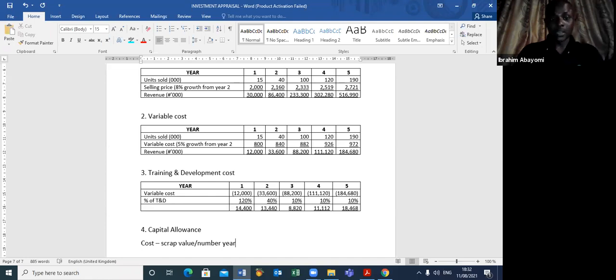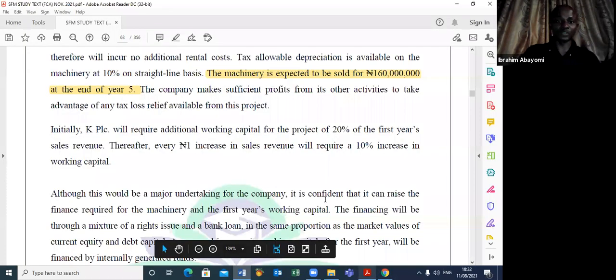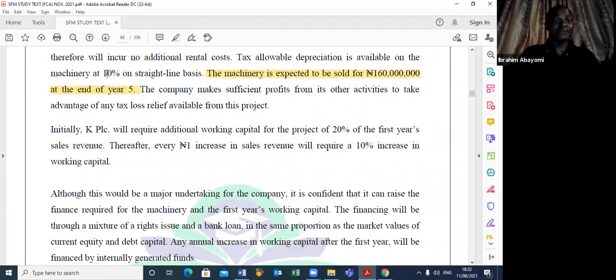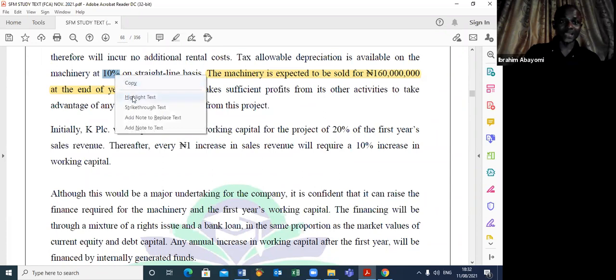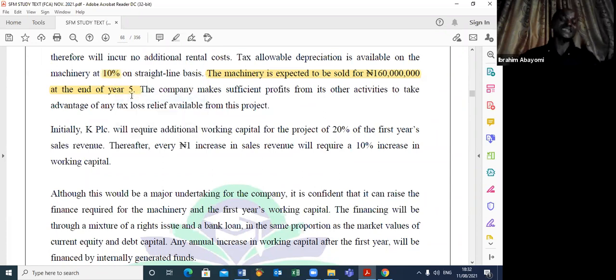Abby? Now, you only do this if you want to compute your capital allowance based on number of years, straight line. But the moment the question gives you a percentage, look at what we have in this question. Capital allowance is 10%. You are given a percentage. Please take note. Capital allowance is 10% on a straight line basis.